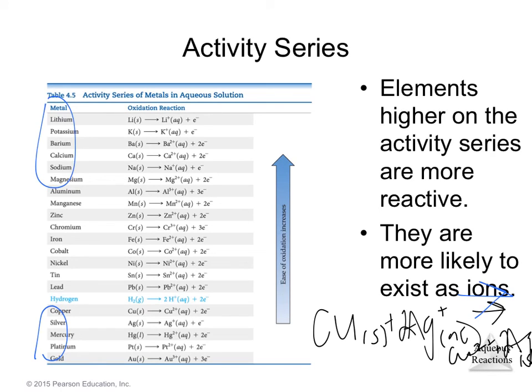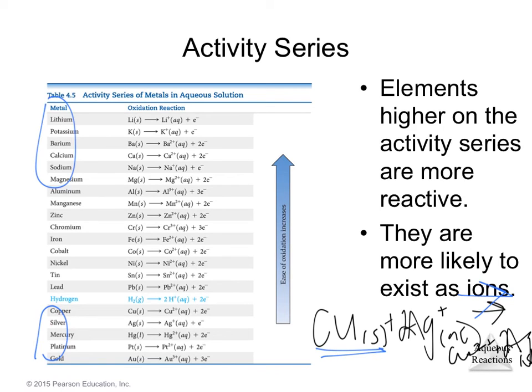What that means is you have to look at the metal that is by itself, the solid metal. Is copper more reactive than silver? Yes, if we look up here, copper is higher than silver. So this copper is going to kick silver out of solution, and that's how we get these copper ions and solid silver. This is actually how you can electroplate silver onto different items.